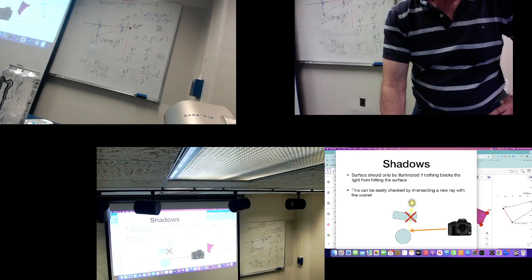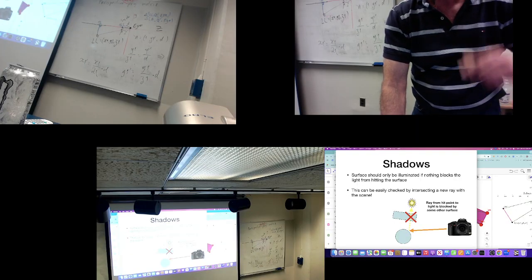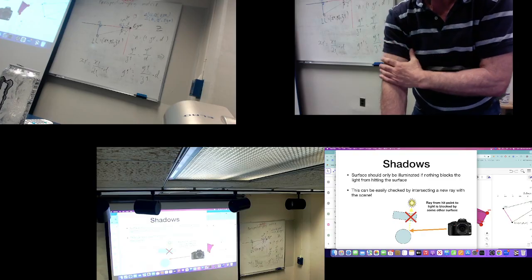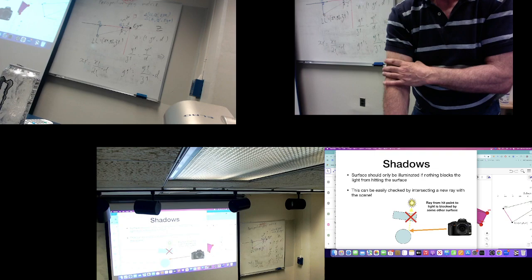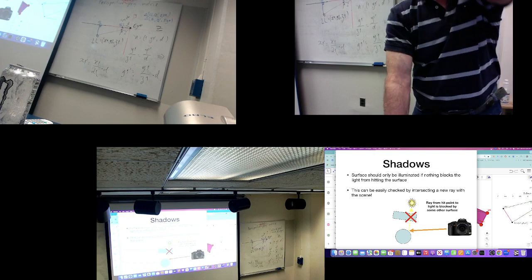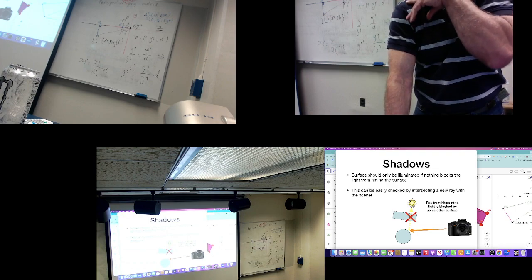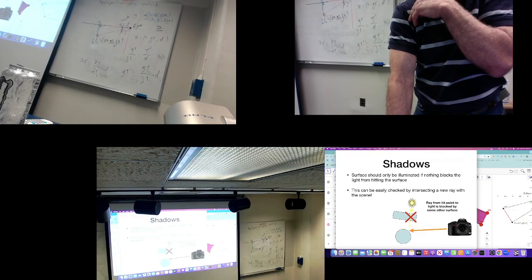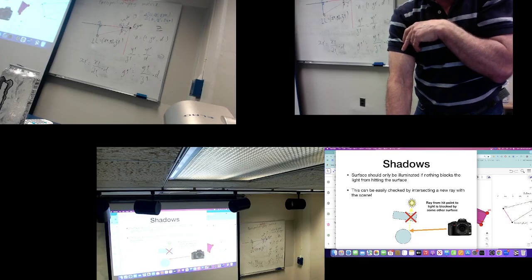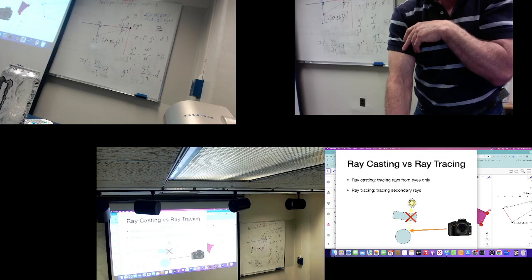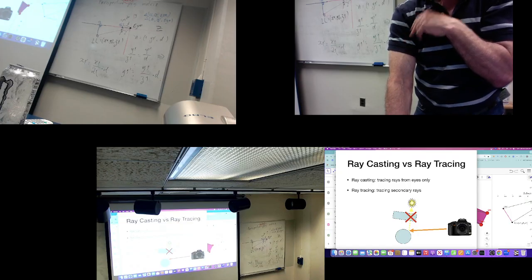And this is easily checked by intersecting a new ray with the scene: a ray from the hit point towards the light is blocked by some other surface. Of course, that's assuming that it's a point source of light. Area lights will need a different discussion because they are not point sources, and we'll get today to how I handle such surfaces or non-point sources of light.